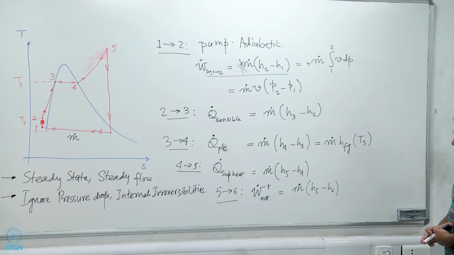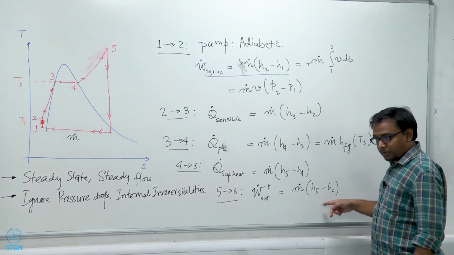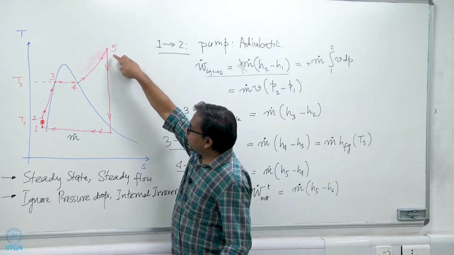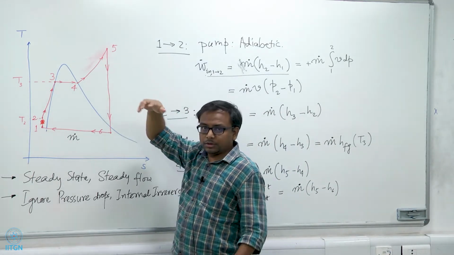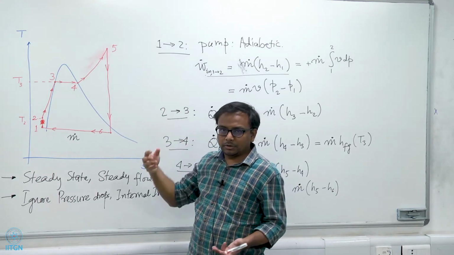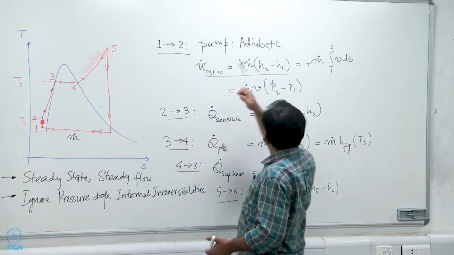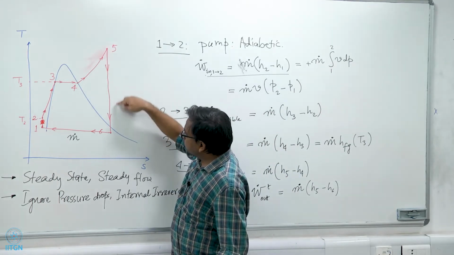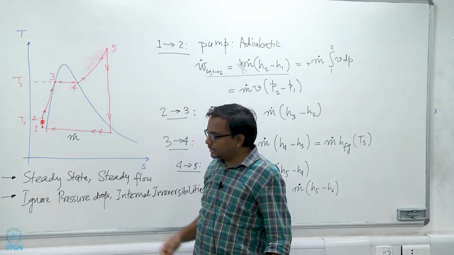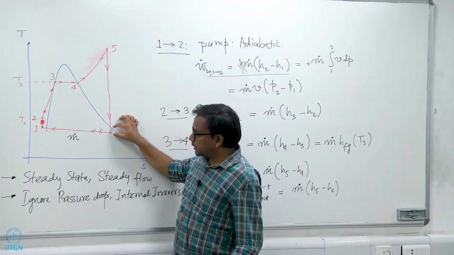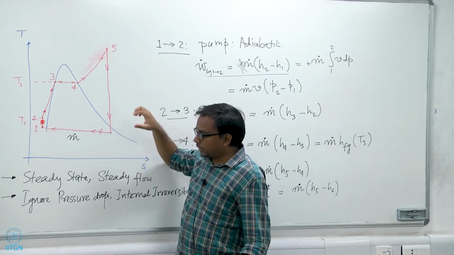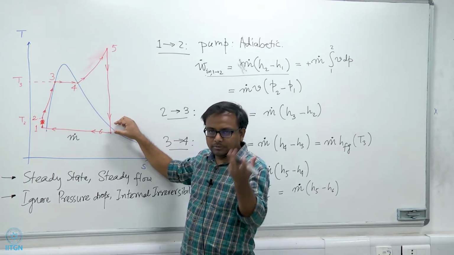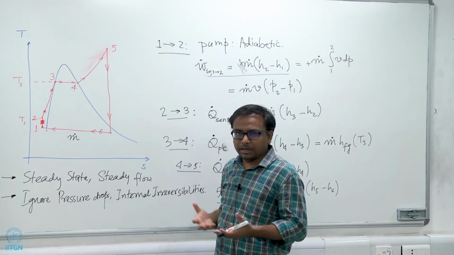You can also apply minus integral VdP here, but one of the problems is that you will not be able to use the ideal gas relations when you evaluate the integral VdP, because first of all the steam might not behave as an ideal gas, and second, for a big part of the process in the turbine there is a liquid vapor mixture, which definitely does not behave as an ideal gas.